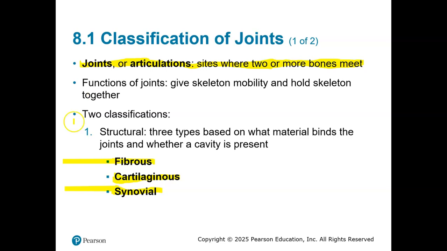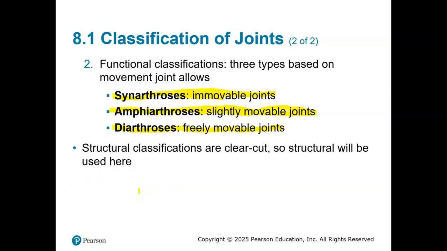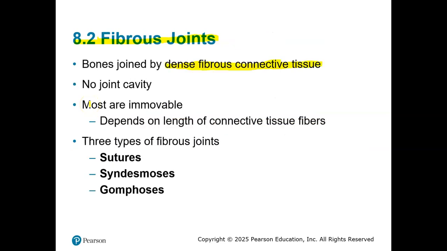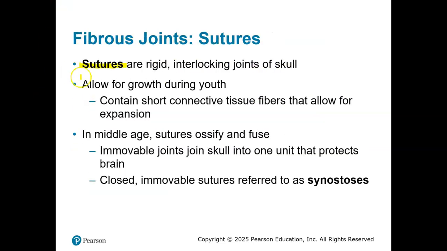So again, joints are classified into structural classifications, and they're either fibrous, cartilaginous, or synovial. They're also classified into functional classifications. A fibrous joint can be a synarthrosis or an amphiarthrosis. The first example of a fibrous joint is a suture, and it is a synarthrosis because it's immovable.